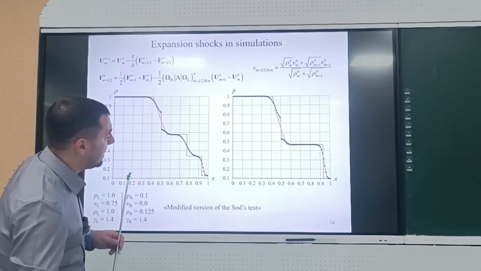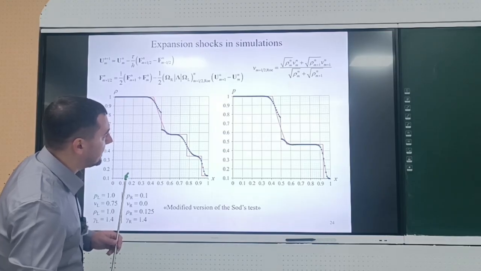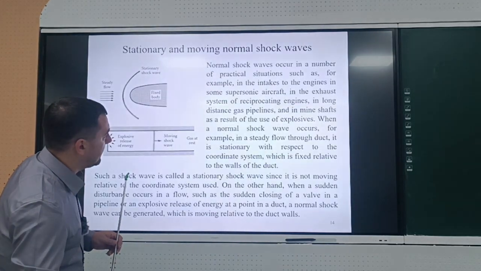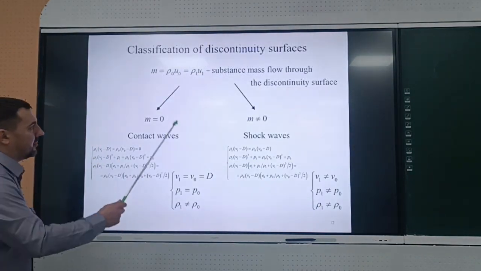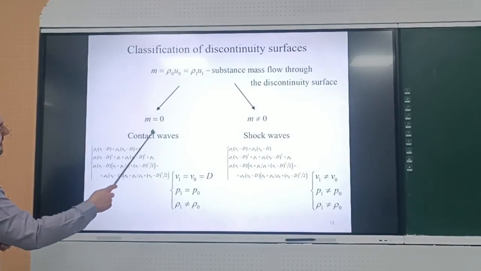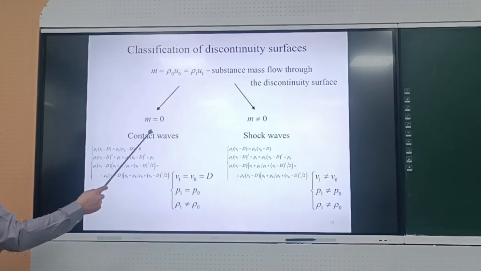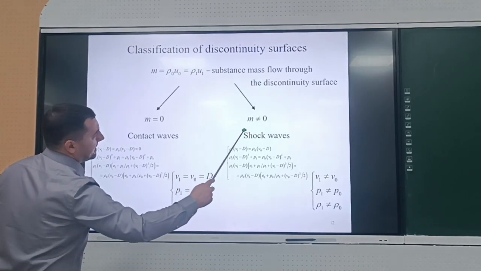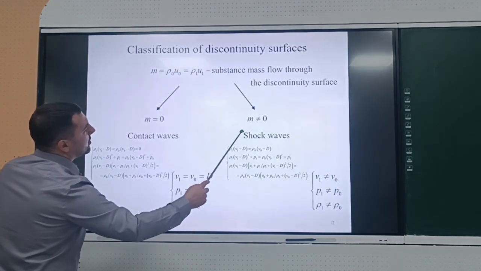Actually, we can also discuss here the Rankine-Hugoniot jump conditions and the difference between a shock wave and a contact discontinuity. So we obtained here, for example, right? I told you that discontinuities with m equals 0 are contact waves, and for m not equal to 0, shock waves.